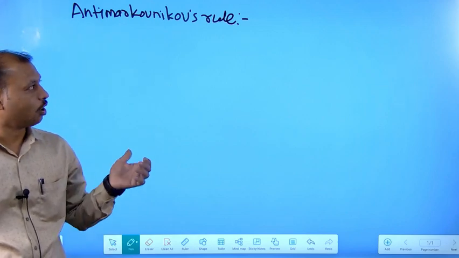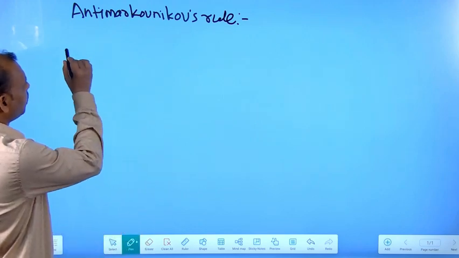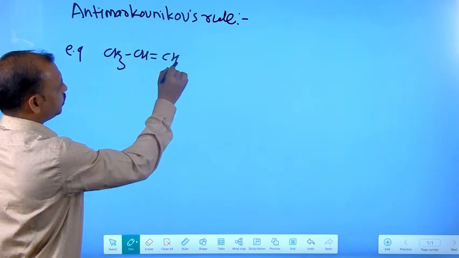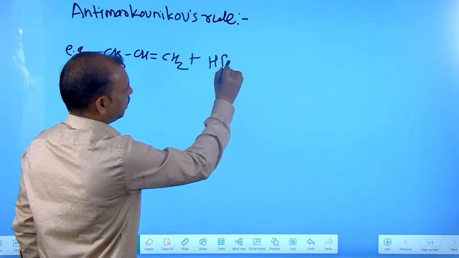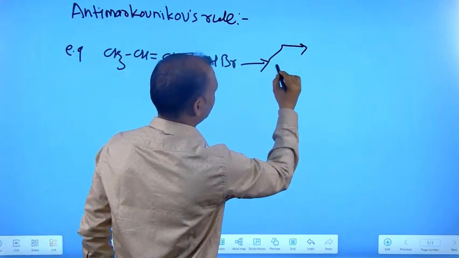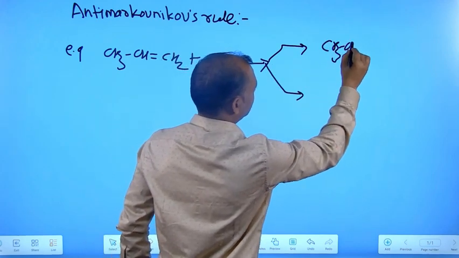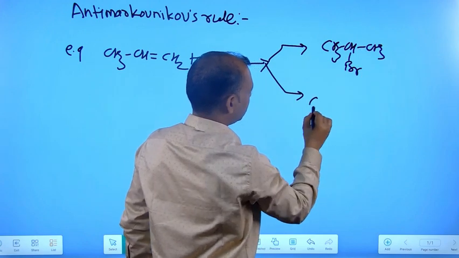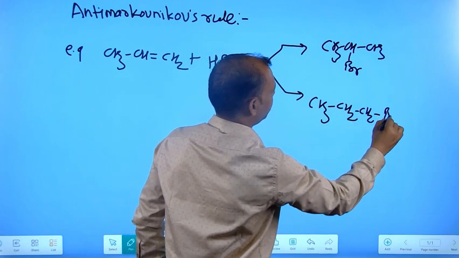That means we get two products, one major and another minor. For example, CH3 CH double bond CH2, same example, and when it reacts with HBr, again it will give two products. One is CH3 CHBr CH3, and another one is CH3 CH2 CH2 Br.